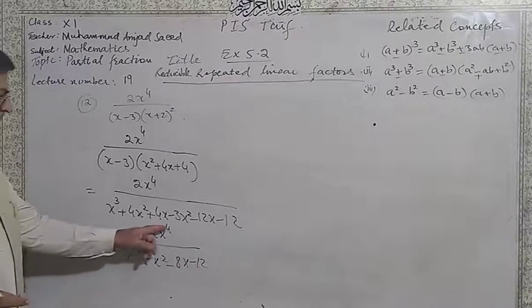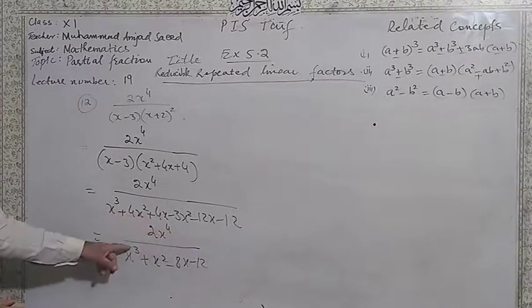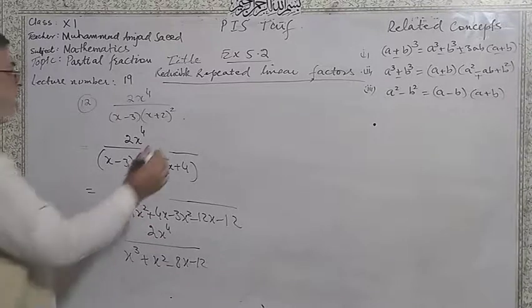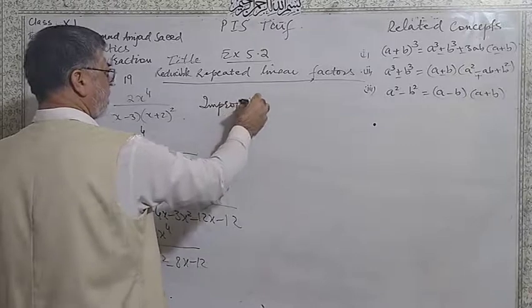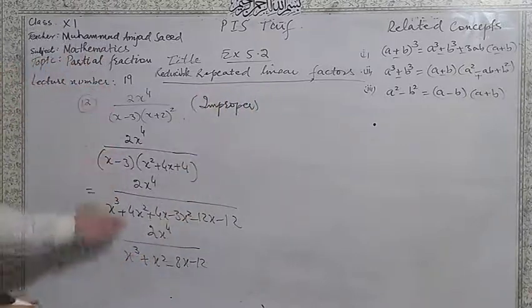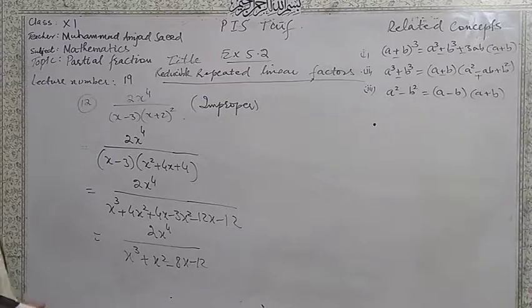You can check the degree of numerator is 4 and denominator is 3, so it is an improper fraction. You can write down as a hint that it is improper fraction. You have to convert it into proper fraction by long division.